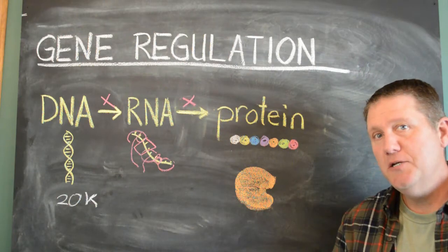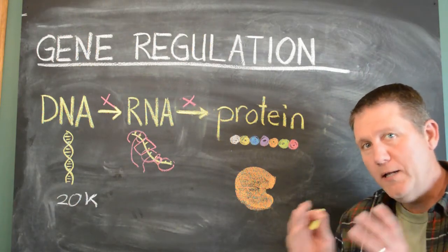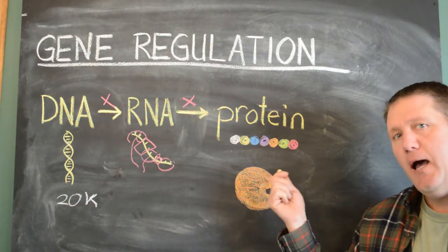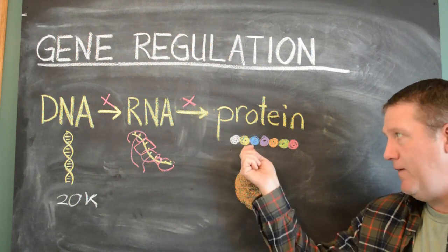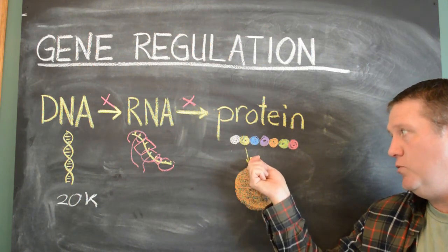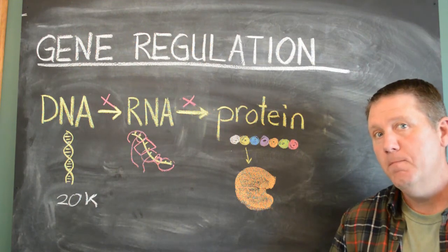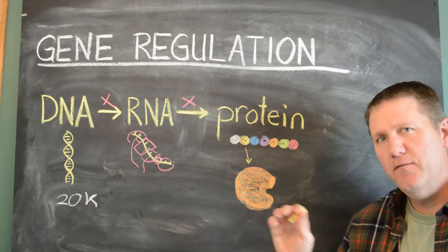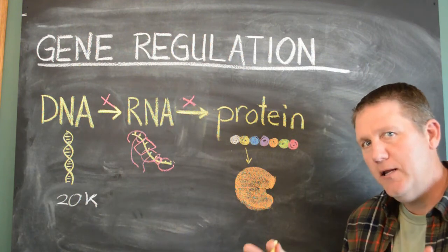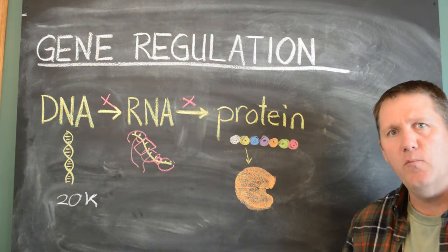Well, there's translation. We can even go one step beyond that and say, I've made my final protein. I have the amino acid sequence, it's been folded up, and now I have a whole protein made and ready to go, but it's actually still kind of off, right? I haven't let it go yet. We talked about this with enzyme regulation.